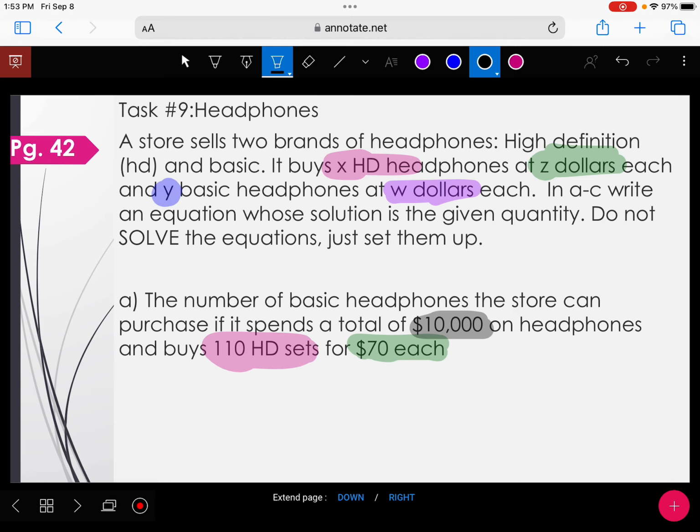So how can we put this together as an equation? What do we know? It equals 10,000. When in doubt, find our total and put that to one side. It's going to equal $10,000. Let's take our HD sets and figure out what we can do with them.